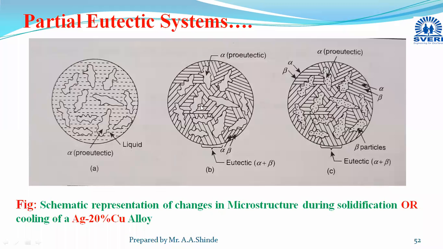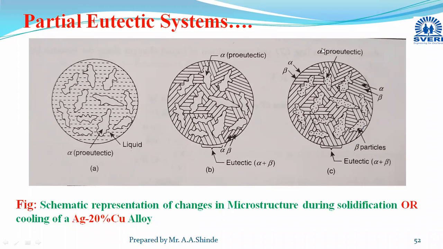This is the proeutectic alpha and mixture of alpha and beta, and depending on the rate of cooling, beta particles may separate out in the form of precipitation. If rapid cooling is there, beta particles may separate out here in the form of fine particles or precipitation, or they may gather at grain boundaries depending on the cooling rate.